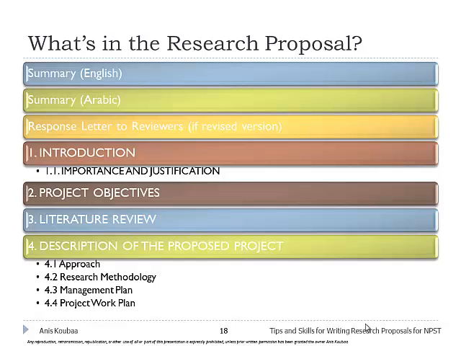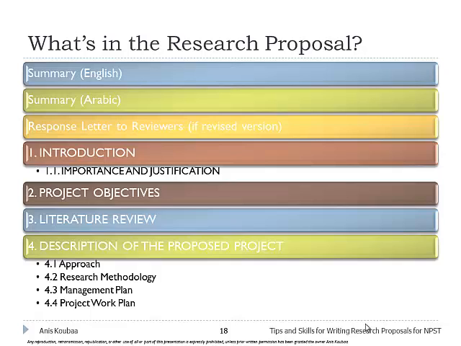After understanding what the evaluation criteria are, you go to the template and try to understand the different sections. Of course, in most templates, there is a summary in English and a summary in Arabic. Sometimes if you make a revised version, you have to write a response letter to the reviewers. And there is an introduction, project objectives, literature review, and description of the proposed project.